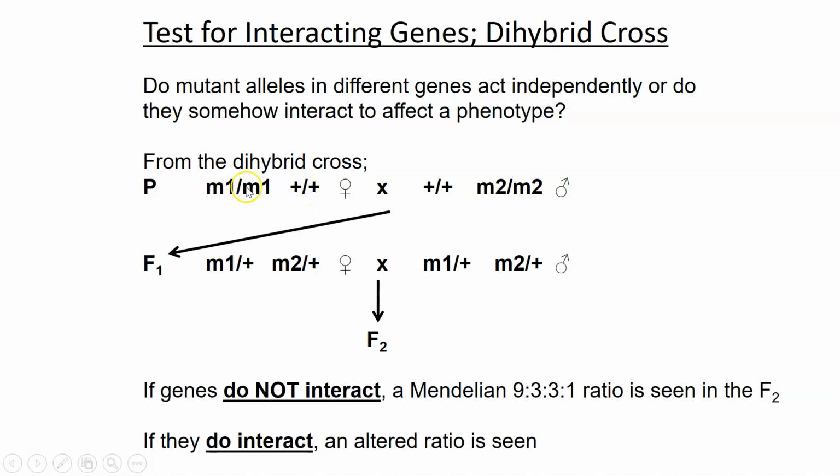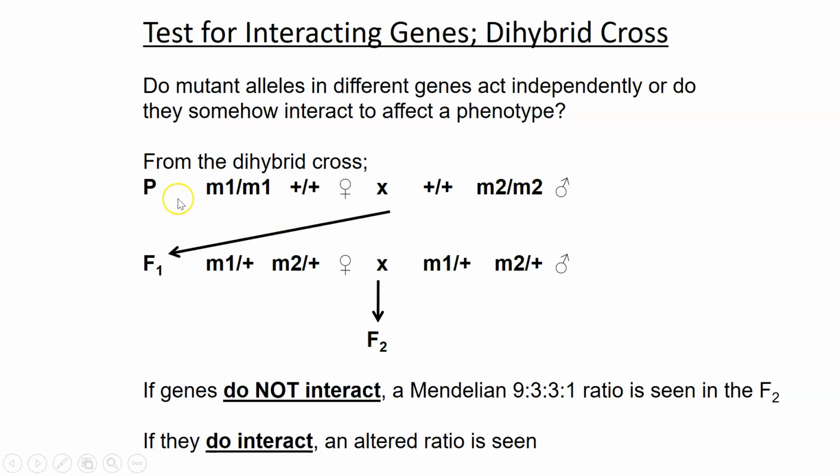Homozygous mutant for gene 1, crossed to an individual that's the opposite genotype. Wild type for gene 1, mutant for gene 2. In all examples we're looking at, the mutant alleles are null alleles and they produce non-functional products. The wild type alleles produce functional protein, typically enzymes.